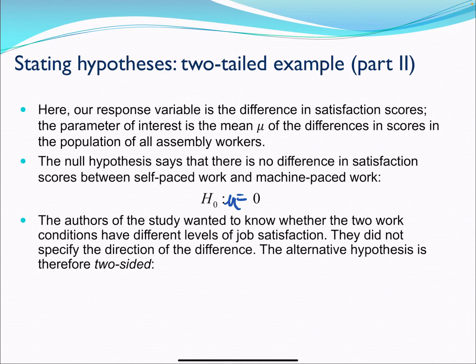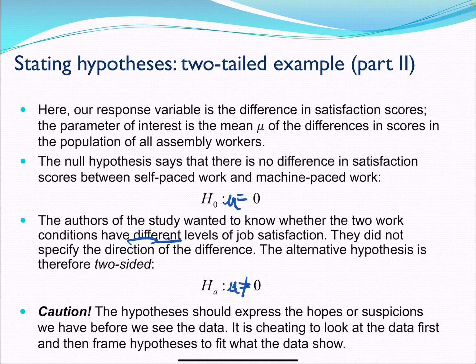The authors of this study wanted to know whether the two work conditions have different levels of job satisfaction, not whether one was greater or less than. They didn't specify the direction, so this is two-sided, meaning my alternate hypothesis will be that the mean doesn't equal 0.